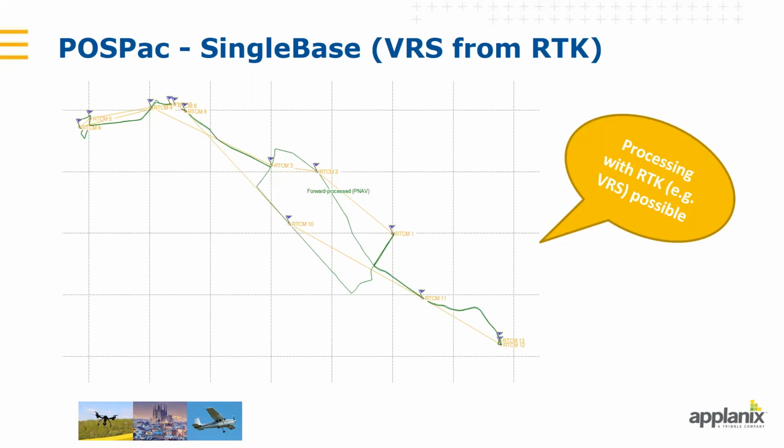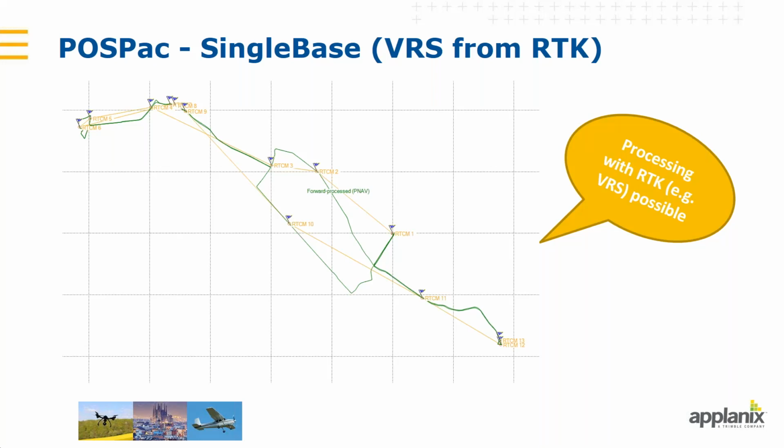Instead of using a base station, the single base mode can also be used when real-time correction data was recorded during the data acquisition. So in this case, we have here an example. There's a virtual base station which follows the rover location to minimize the rover base separation.